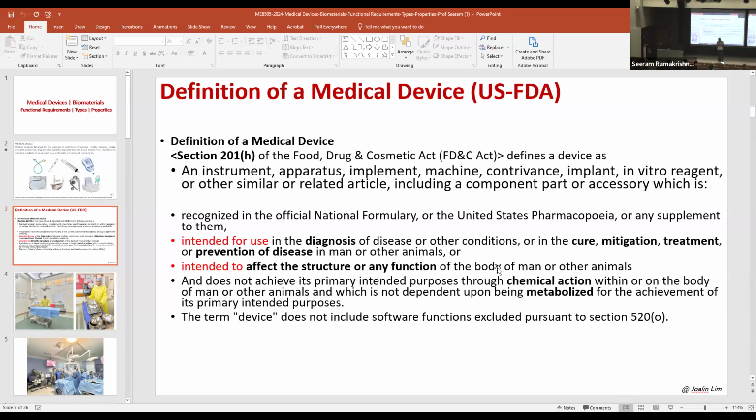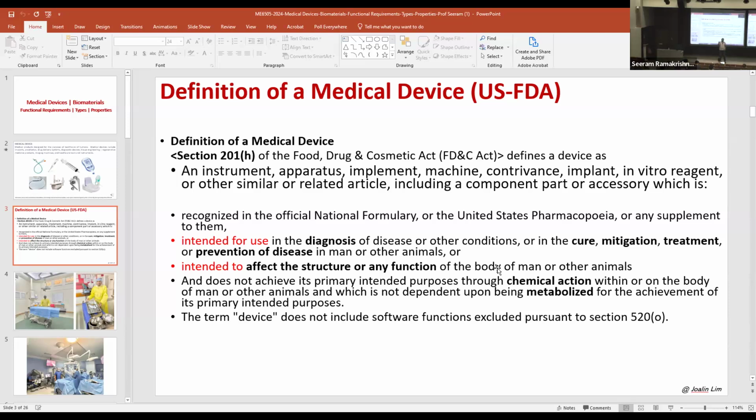So that's basically the definition. Now this definition depends on the country; sometimes they modify it based on their national requirements. Sometimes they adopt whatever is given by the US FDA. Some countries further align those definitions to their own needs.